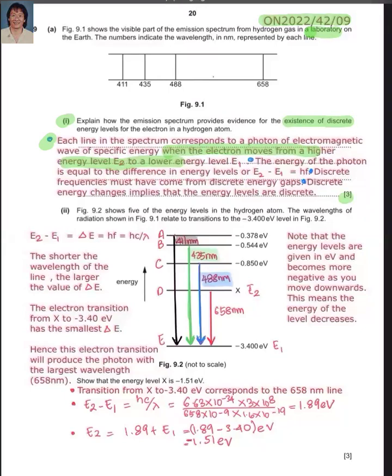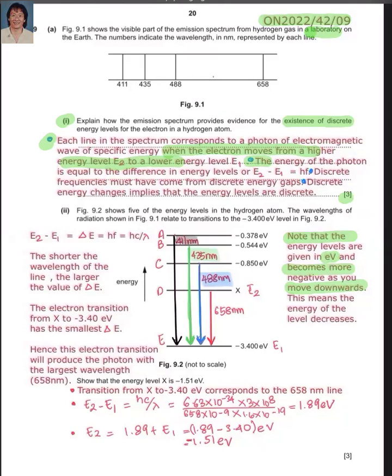You must understand that there are 2 important things for the energy levels. The energy levels are given in electron volts and become more negative as you move downward from A to E. This means that the energy of the level decreases from A to E. Then the second point is the energy of the photon is equal to the difference in energies, E2 minus E1.